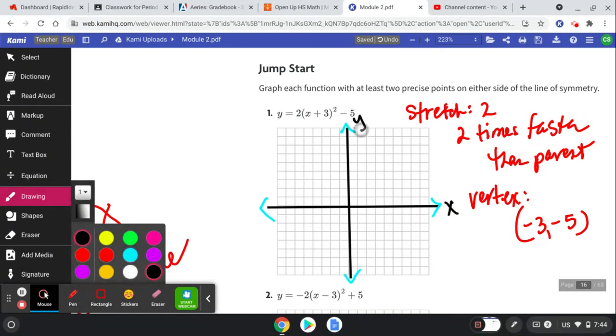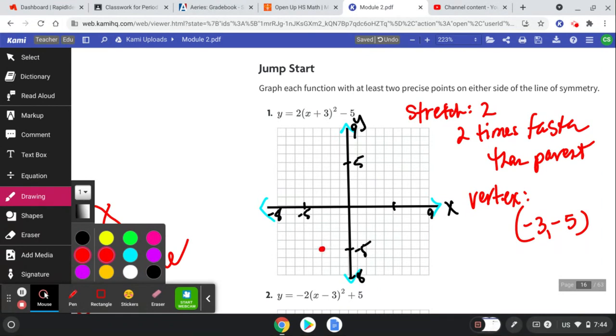Here's my x-axis, here's my y-axis. 1, 2, 3, 4, 5, 6, 7, 8, 9. 1, 2, 3, 4, 5, 6, 7, 8. So we're going to go put our vertex at -3, -5.